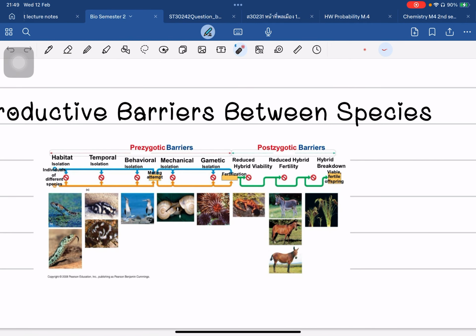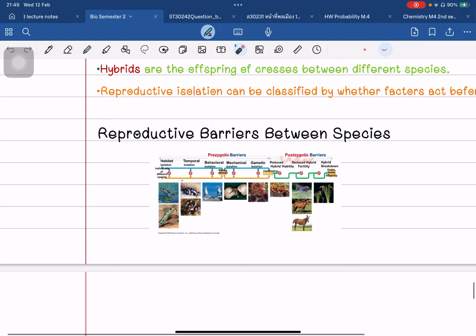And we can see that we separate them into 2 types of barrier. There are prezygotic and postzygotic.